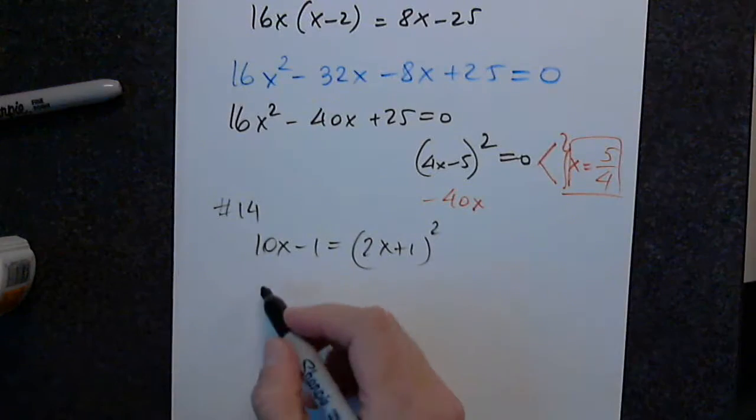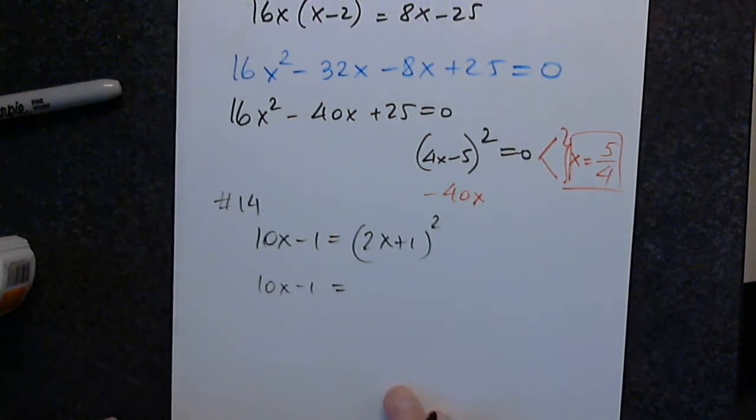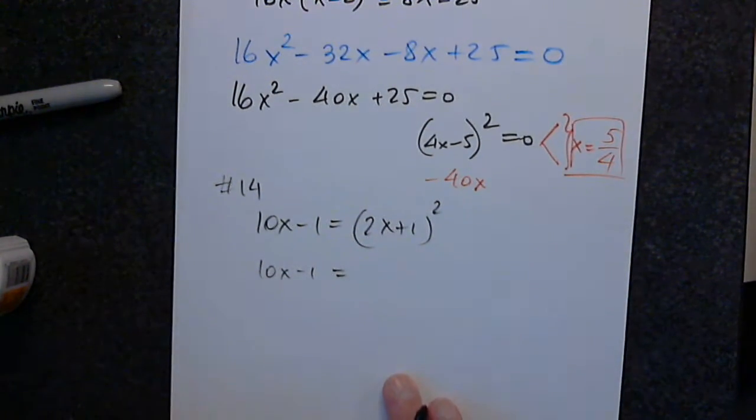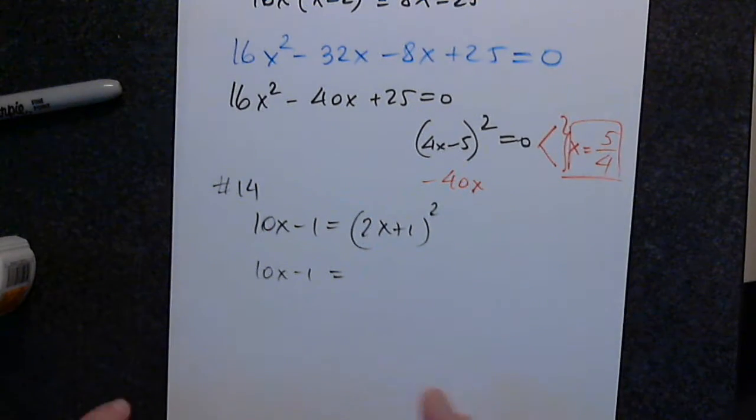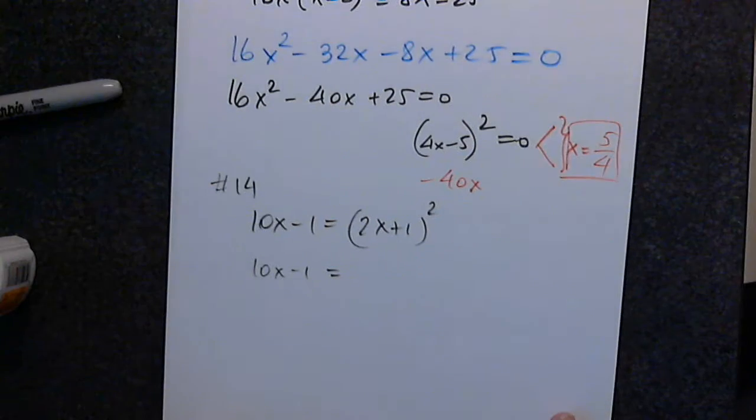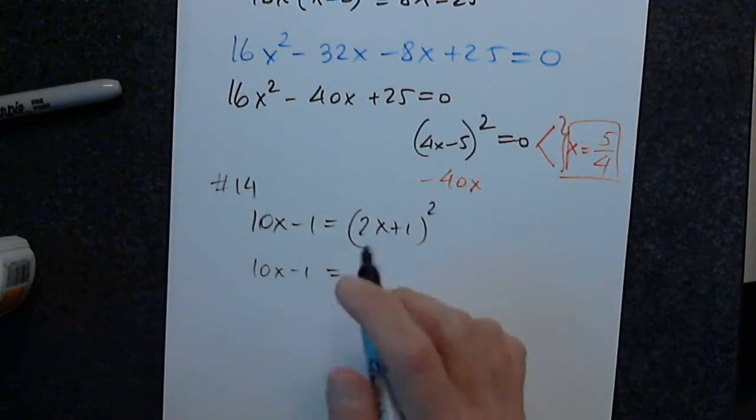Okay, so the left-hand side is 10x minus 1, and the right-hand side, can anyone give us the right-hand side? I hope you're not still foiling it, but there's nothing I can do. This is too important to still factor foiling. So, first term squared.